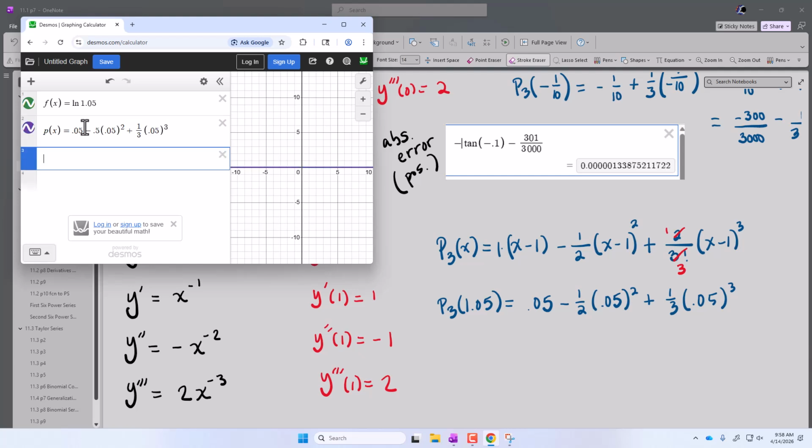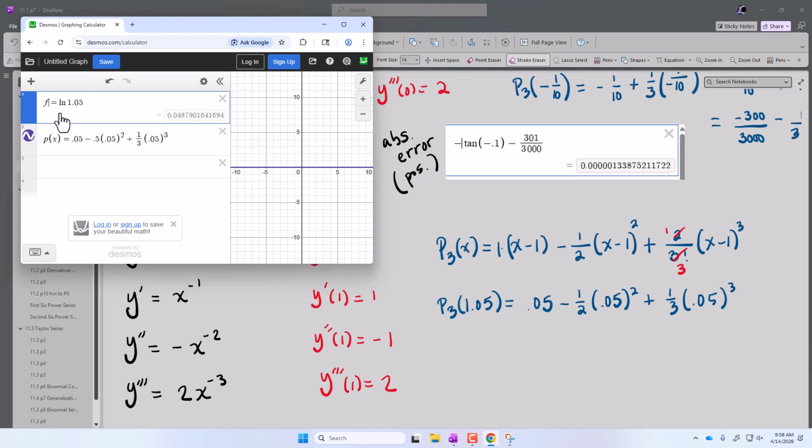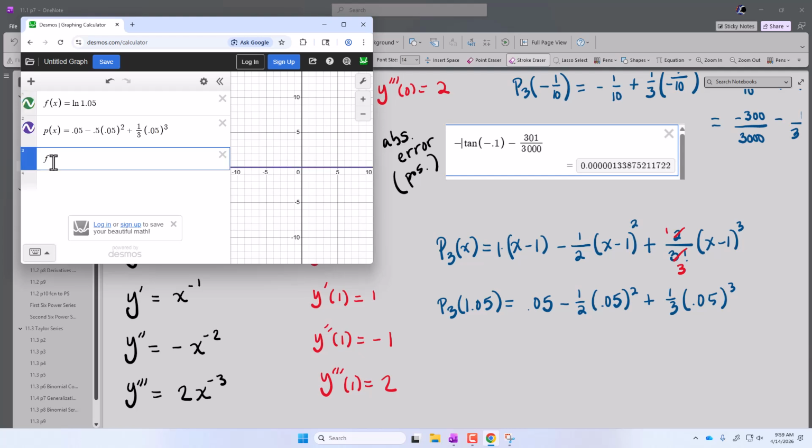And can I just do that subtraction straight up? Now I'm confused. F of x. Nope, doesn't like that. Can I do it this way? Oh, is my caps lock on? Oh, that's what's happening. Let's see if we can do this with subtraction.